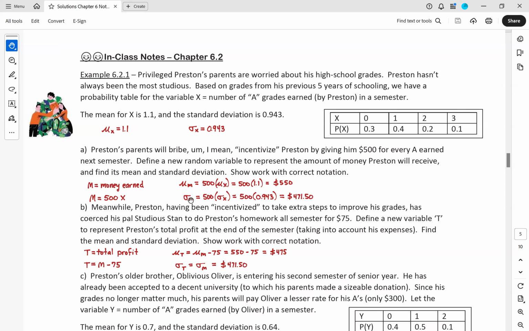Similar for standard deviation. As long as I'm multiplying by a positive number, I can simply multiply a previous standard deviation upon a transformation. So if the original standard deviation was 0.943, the standard deviation for amount of money earned, standard deviation of M, is 500 times 0.943. Notice that both of these results are in the units of dollars. Okay.